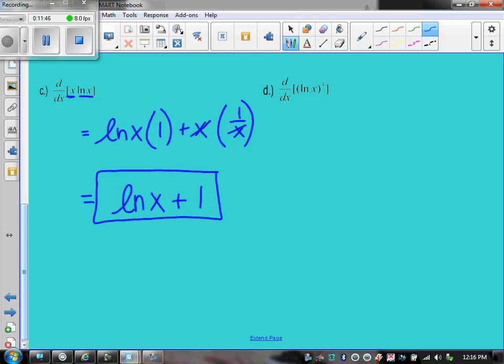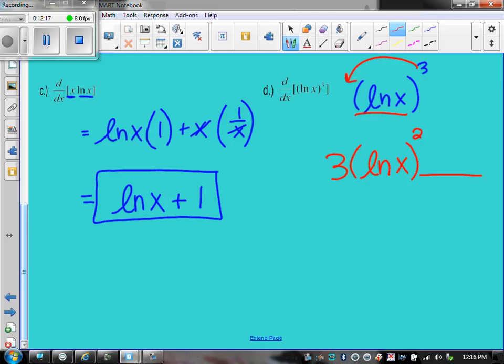Let's look at D. D looks a little bit different too, doesn't it? Don't I have a natural log of x cubed? And be careful, it's not just an x cubed, so I can't just take this little 3 and bring it up front. The whole thing is cubed. So really, what rule am I doing here? Aren't I really doing chain rule here? Where this is my inside and I've got to bring up my exponent, keeping my inside the same, subtracting 1 from my exponent, and then don't forget to take the derivative of your inside.